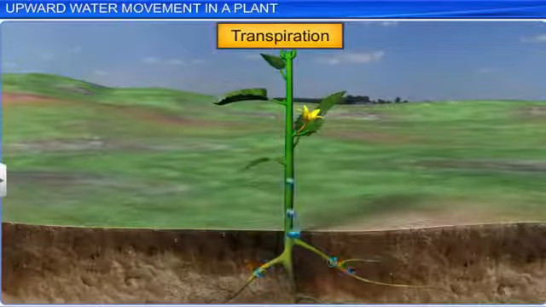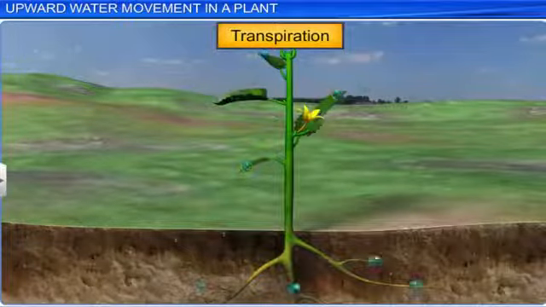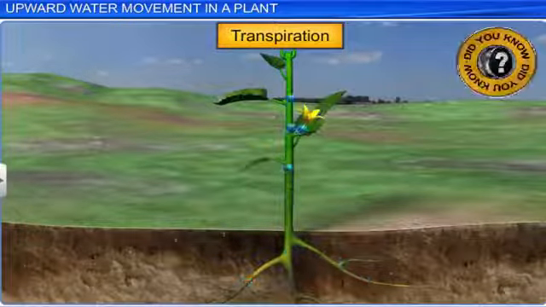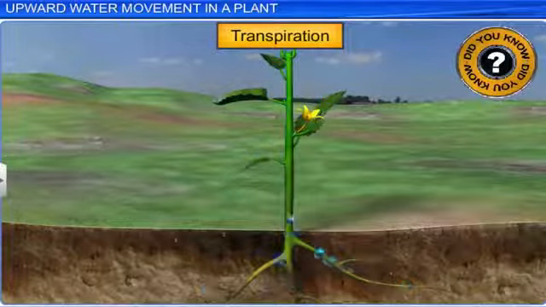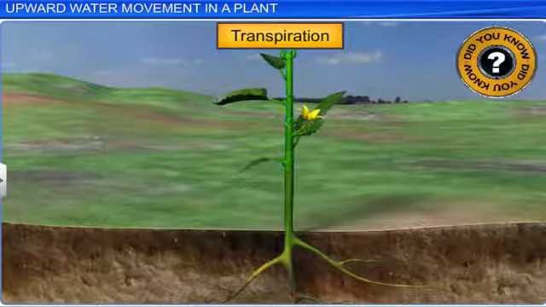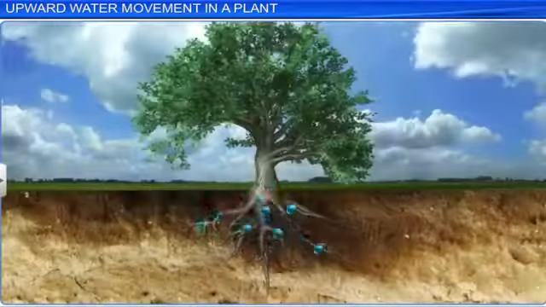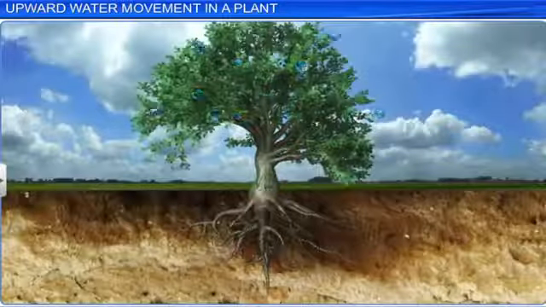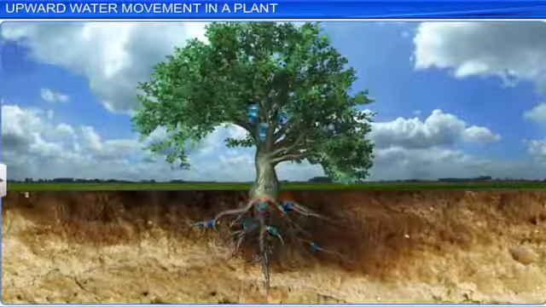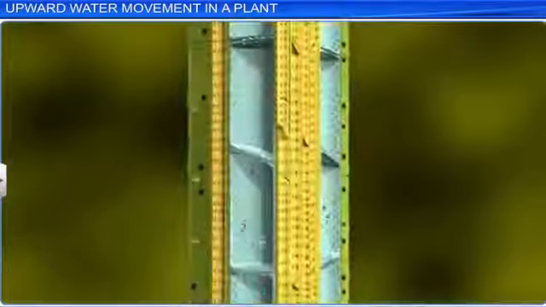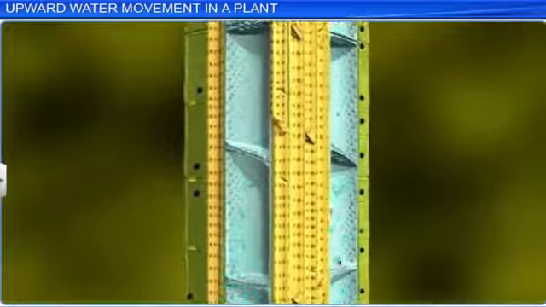The water loss due to transpiration pulls the water upwards in a plant stem. Did you know that the transpirational pull generated by this process of transpiration is strong enough to cause water to move upwards even in tall trees by as much as 15 meters per hour? Water transport is also aided by cohesion and surface tension.